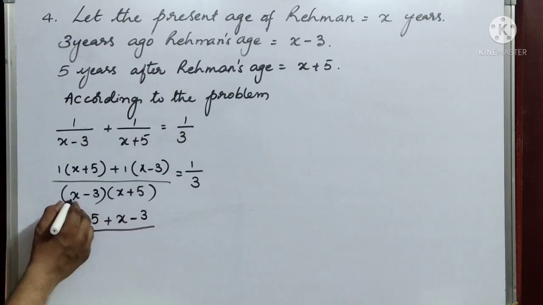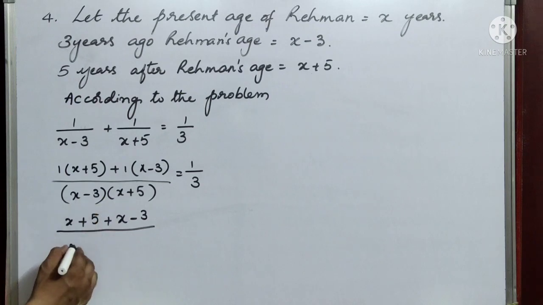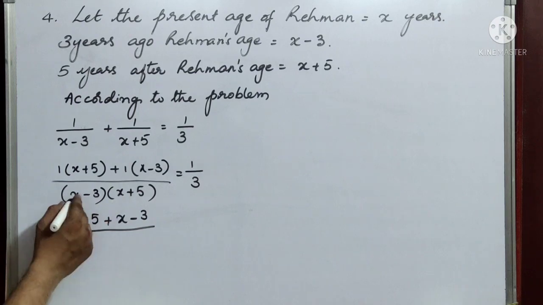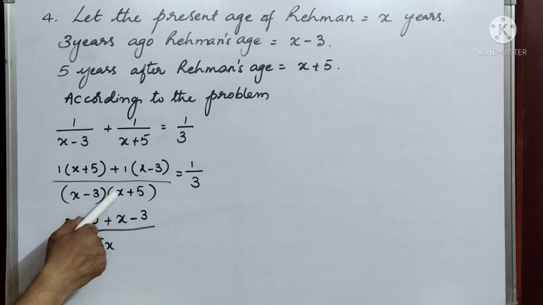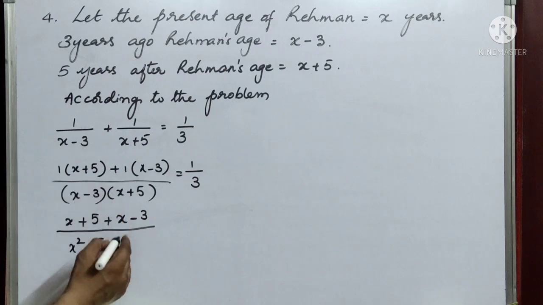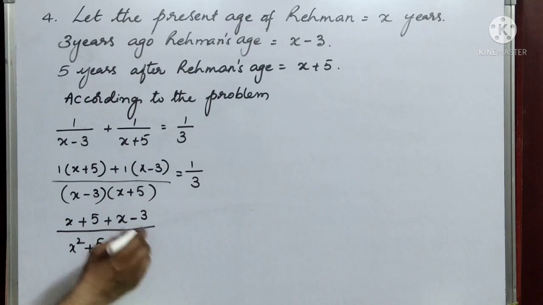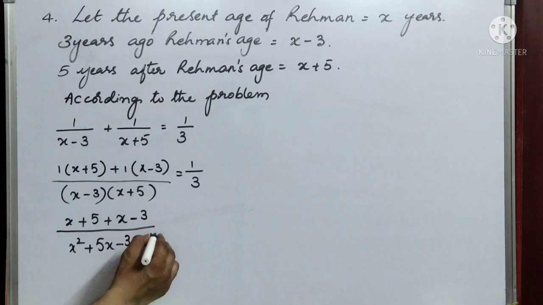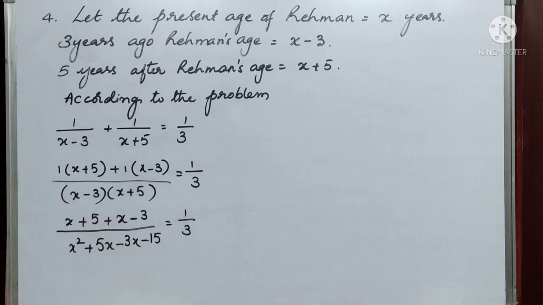Now you know how to do multiplication. X into x, x square; plus into plus, plus 5 into x, 5x; minus into plus, minus 3 into x, 3x; minus into plus, minus 3 5s are 15, equals 1 by 3.